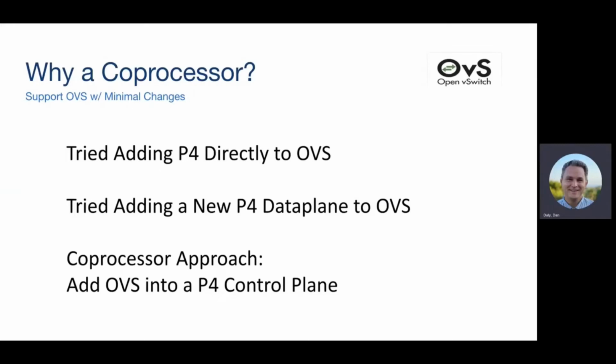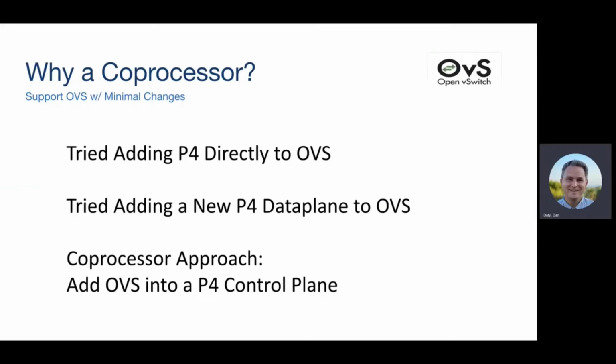So we thought, what if we instantiated the P4 separately inside the system? Then OVS could tap into that P4 pipeline, copy the state it had out of OVS into the P4 pipeline so it could run side by side. We would just need OVS to do that state synchronization with the P4 pipeline running alongside it.